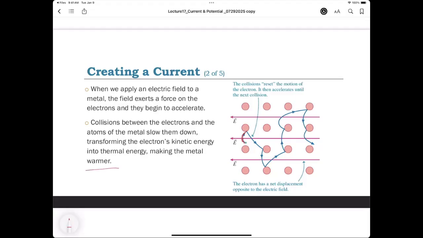That's the reason why, if you connect a wire in a circuit to a power source, the wire will be warm, because the electrons hit the atoms and transform kinetic energy into thermal energy. Does that make sense to you?